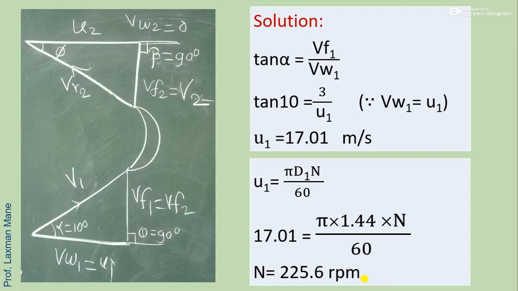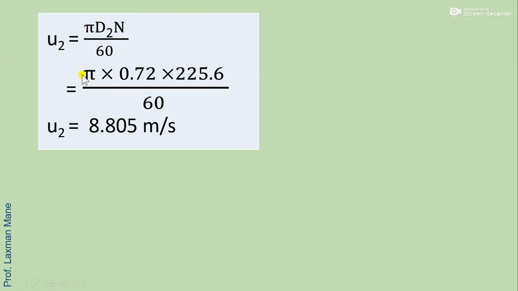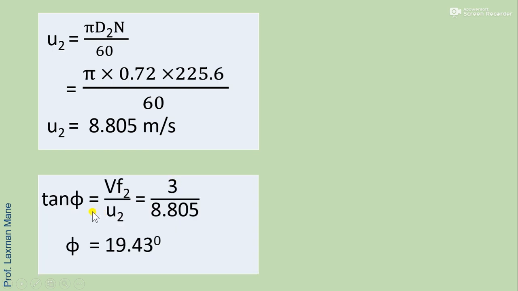This is the first answer. Then by using speed, let's use the formula for U2. Here internal diameter of runner is given and speed is calculated, so we get the linear speed U2. Then vane angle at outlet we can calculate by using this formula, V2 and U2 both are known, so we get the phi angle.